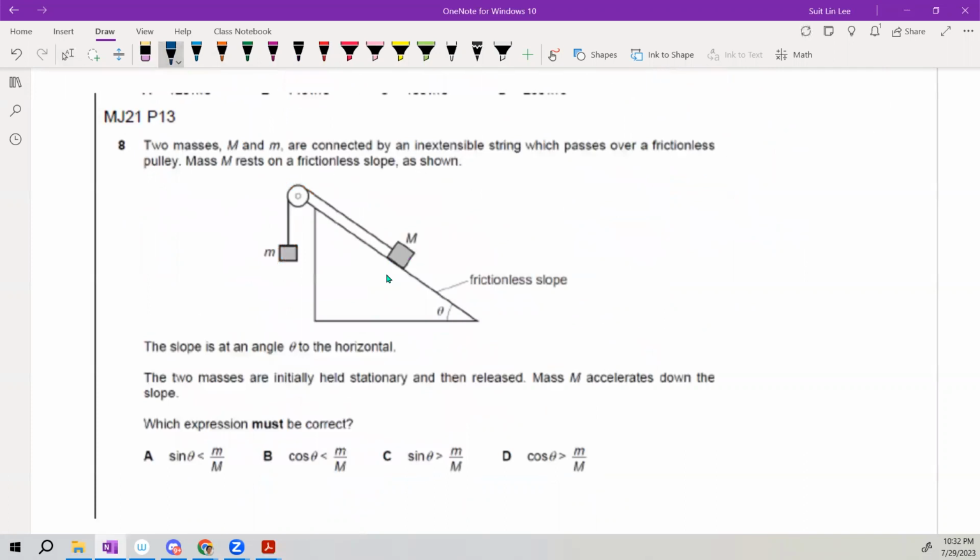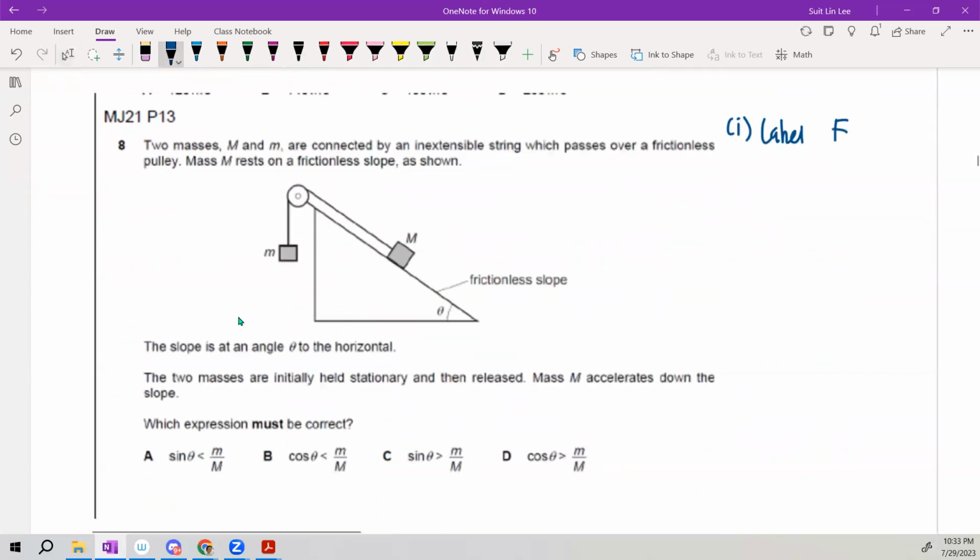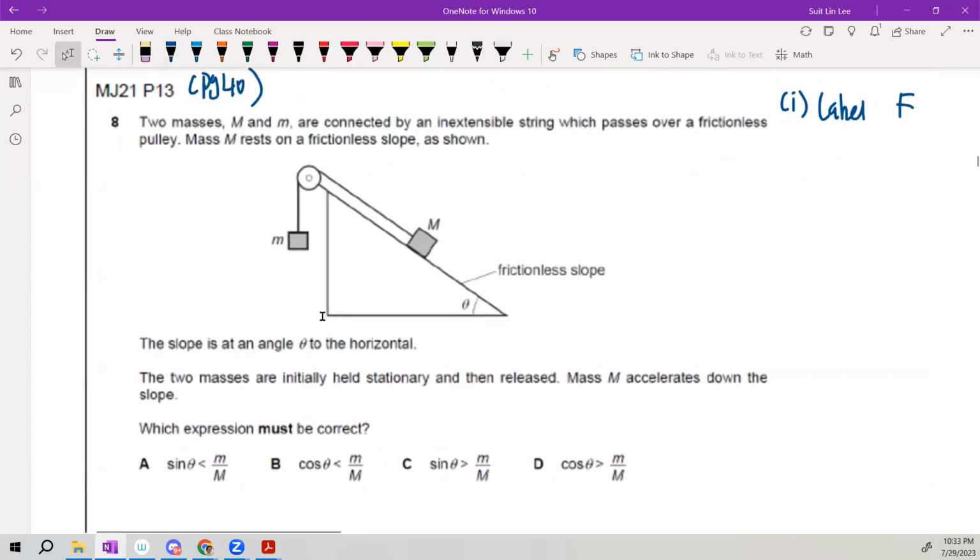But the first thing I'm going to do is draw the forces. Okay. So whenever you see a scenario you never saw before, label the forces. This is page 40. So step 1, I will label the forces. So looks like there is mg here.